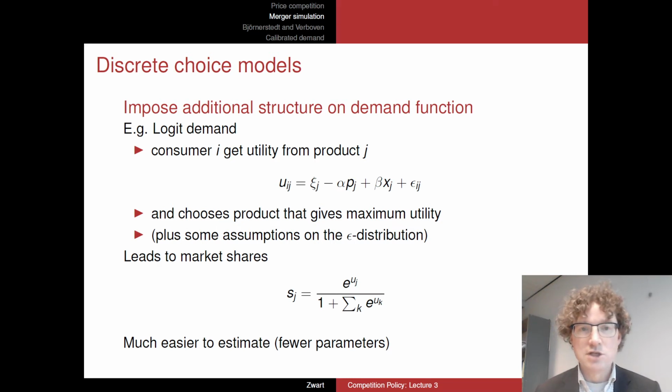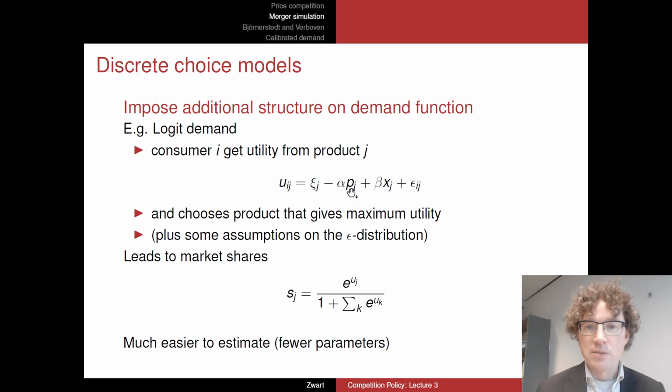So what is logit demand? It basically posits that consumers will experience some utility which depends on the brand that they buy. So there's some fixed effects for each of these brands, packages. So J runs over these products here. It will depend on price by some parameter alpha, which is going to be the same for all the different products.